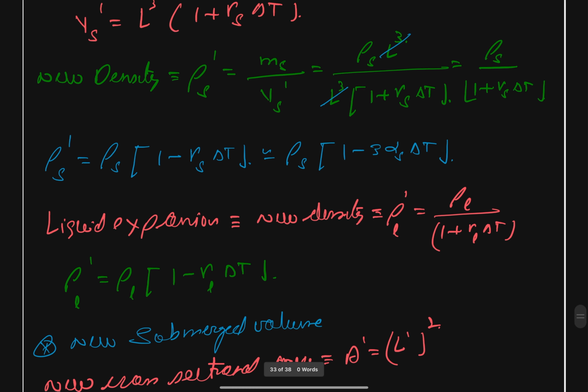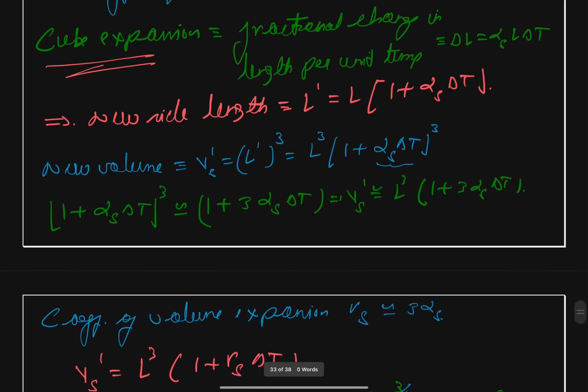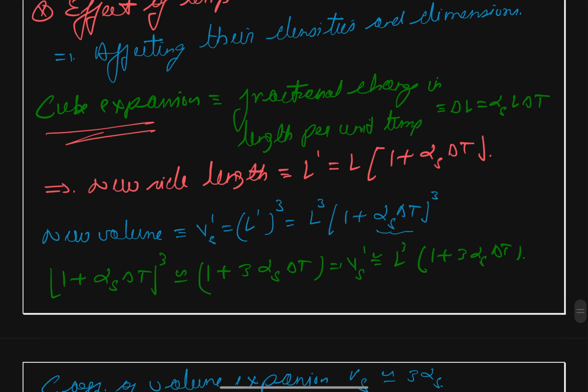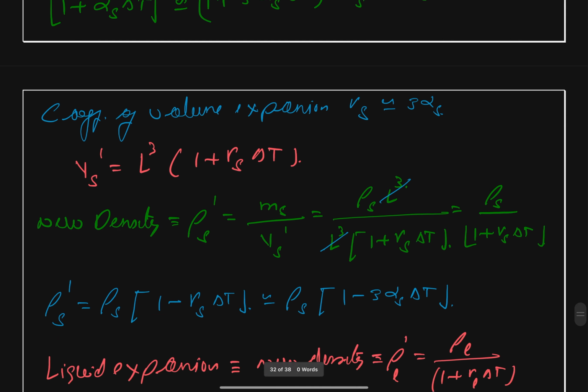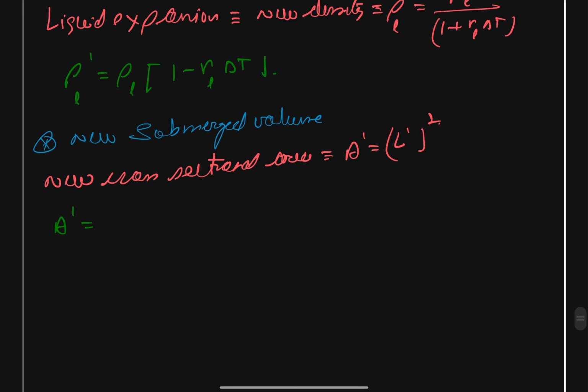We already know L prime is L plus L alpha s delta T. So this comes as L square times (1 plus alpha s delta T) whole square, which can be approximately written as L square times (1 plus 2 alpha s multiplied by delta T).